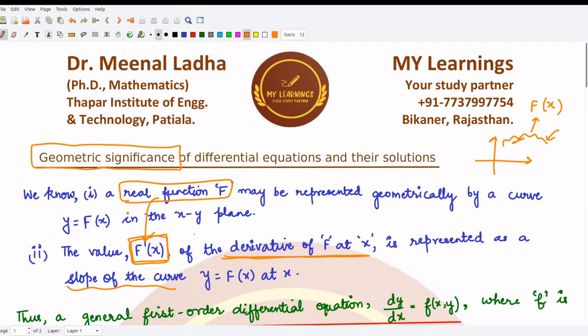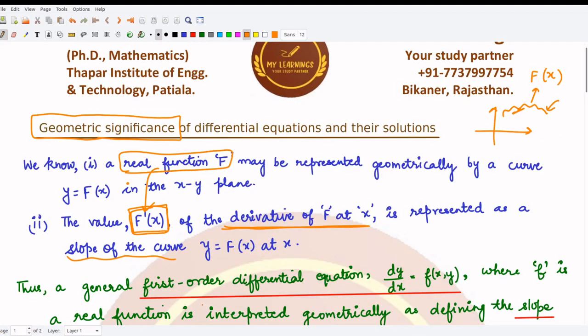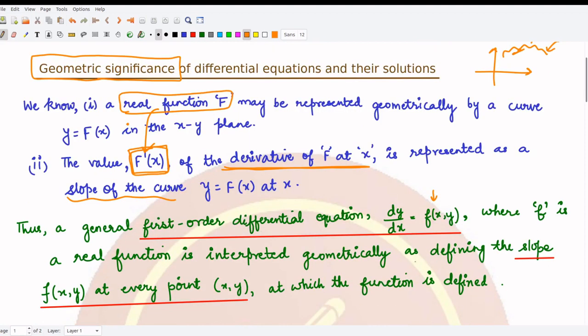So what does this general first order differential equation represent? If you remember, a first order differential equation in the simplest form could be written like this: dy by dx is equal to some function of both x and y, correct? Where this small f is some real function. This function represents geometrically the slope of the function y at every point x, y at which this function is defined. Why?